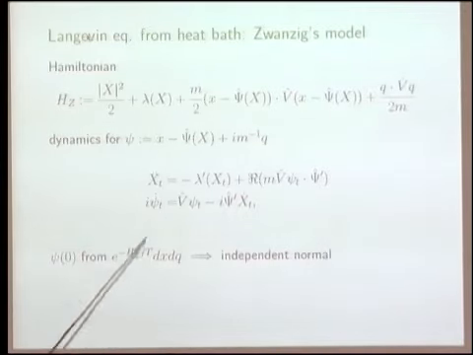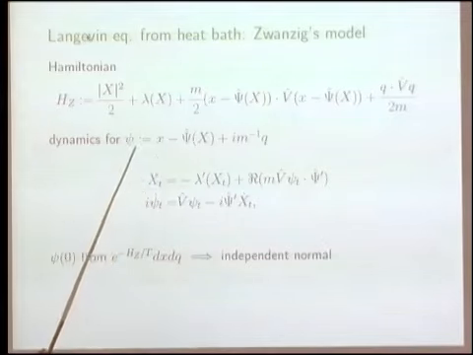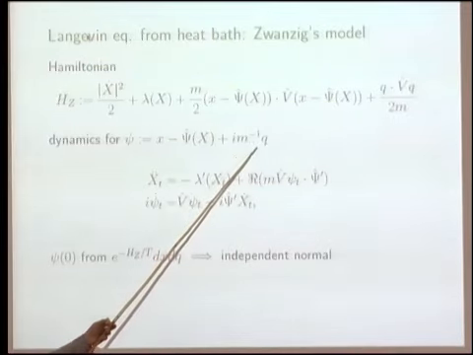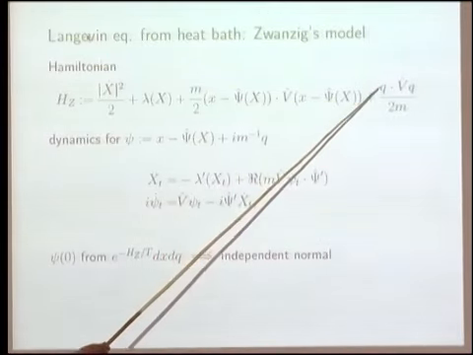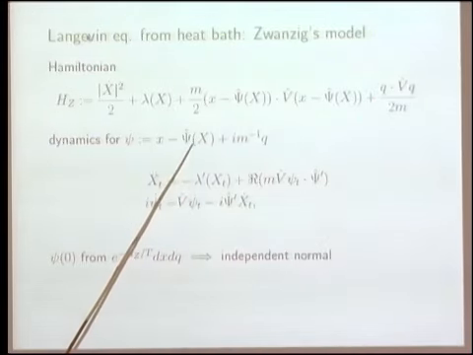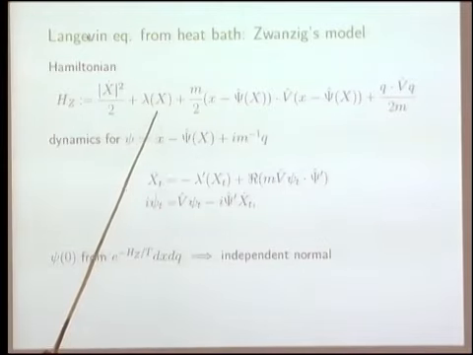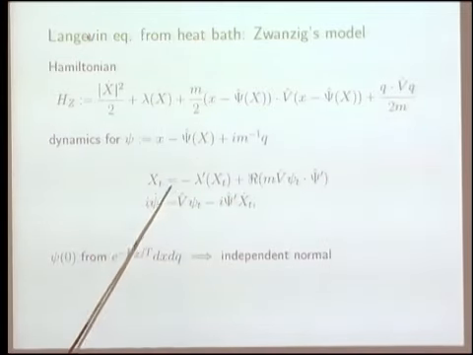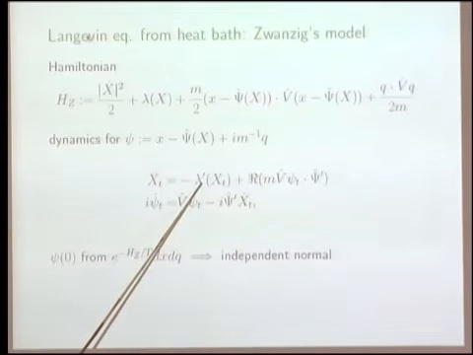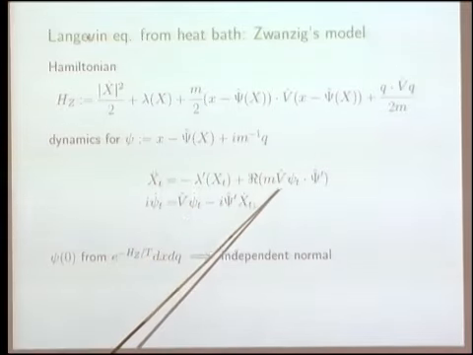Now if I introduce psi, which is x minus i times the momentum, or velocity, then the dynamics generated by this Hamiltonian is, here we have the heavy particle dynamics with the potential lambda and the interaction term.